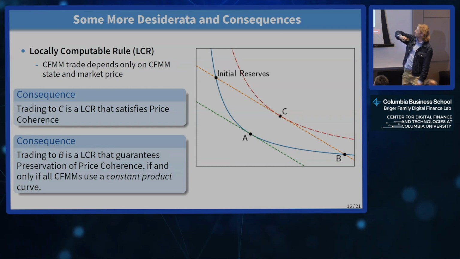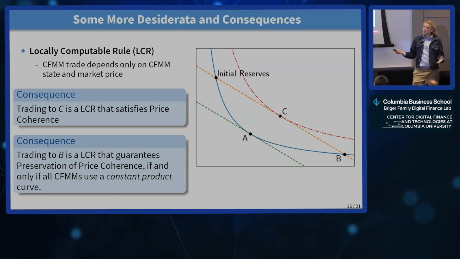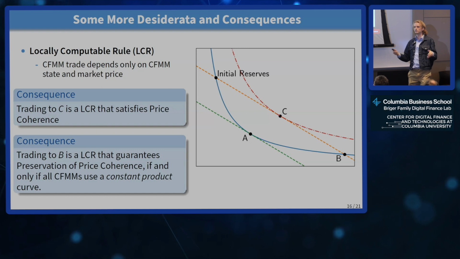But in particular, what's interesting is that trading all the way across to point B can be made to be price coherent, but only if all the CFFMs use this constant product curve. This is what Uniswap and others choose. This turns out, the constant product curve has a lot of nice symmetry that you can work with.